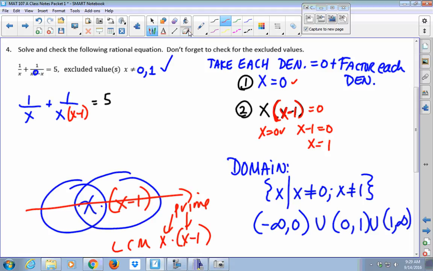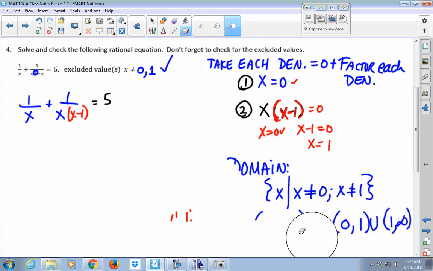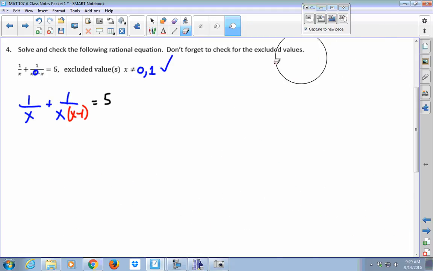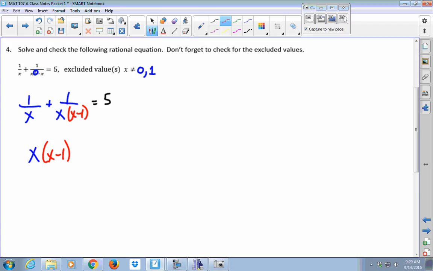Okay, so let's go to town now. To go to town doesn't mean that I create common denominators. I want to get rid of them. So here we go. I'm going to multiply the first fraction by my LCM. I create one big long fraction bar, and I multiply the top by it.